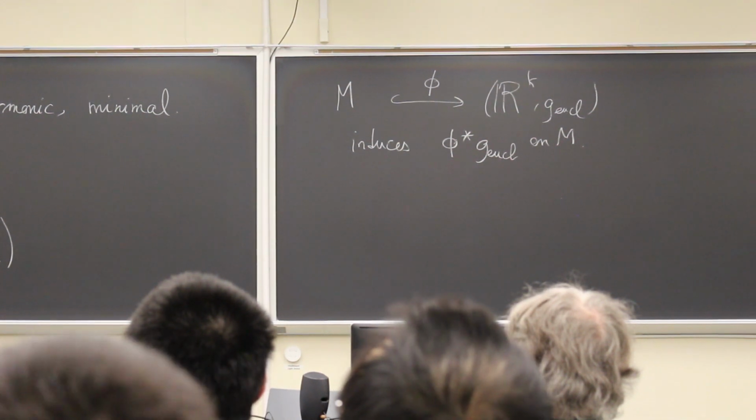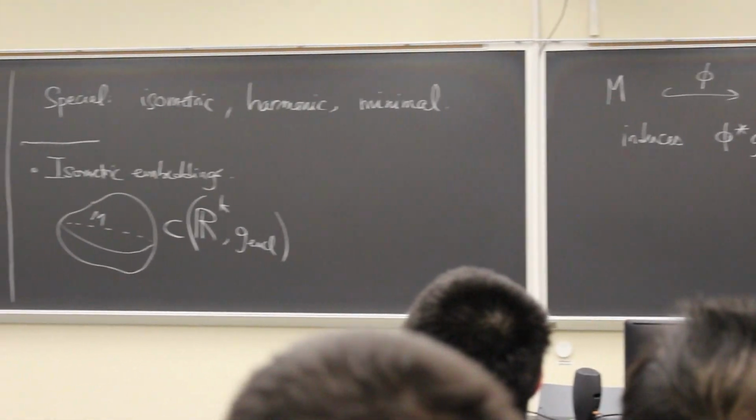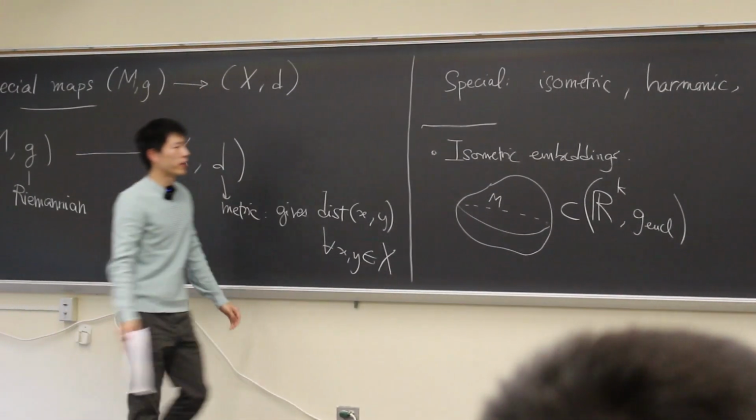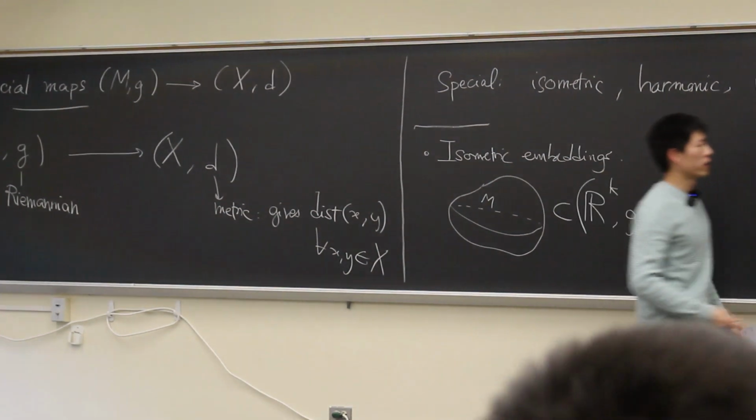But now, if you start with an abstract Riemannian metric, the natural question is, can you realize it by a concrete metric?